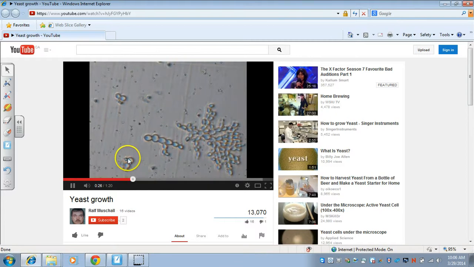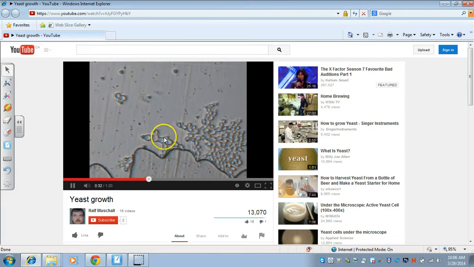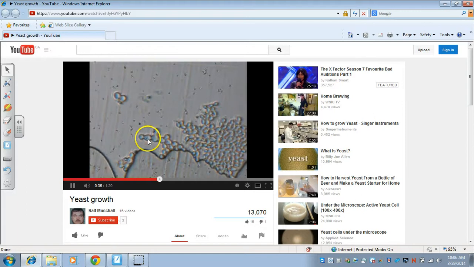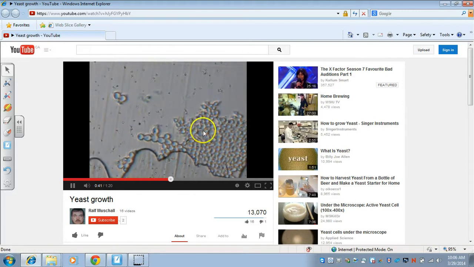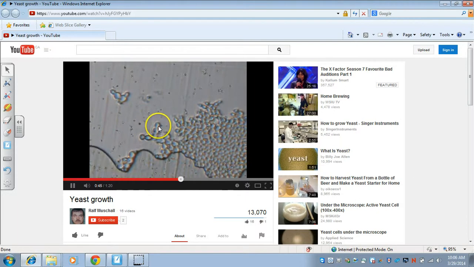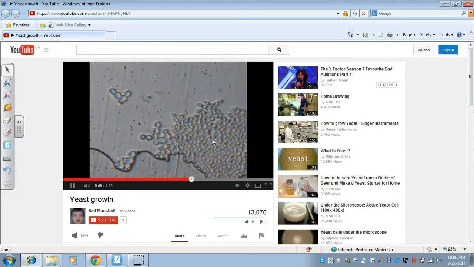So you can see here's a big one with a little one growing off of it. There's a bud and it's growing really quickly off of that one. And then you'll see another one form off of it. So that's budding. And then there's a new one, and they'll keep on growing that way. They grow really quickly. So that's yeast growth. Very exciting, I know.